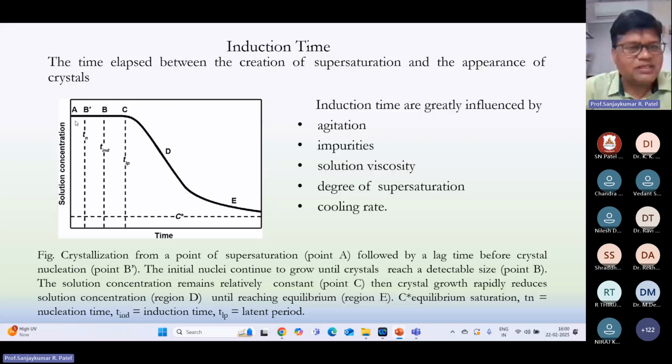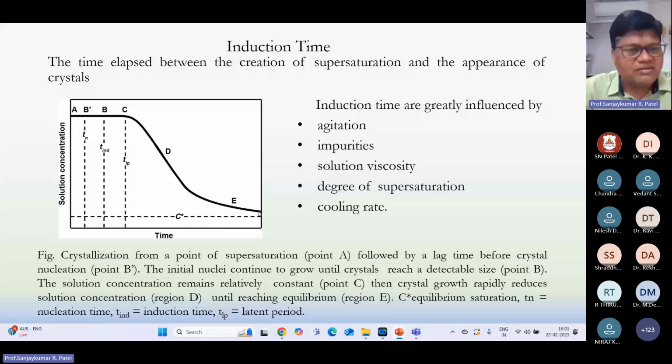And as soon as the size becomes detectable, then some lag time is required for the growth of the crystal. That means at the point C, the mass transfer from the bulk solution will occur on the nuclei and the crystal growth will start. Therefore, the concentration available in this solution will keep decreasing, and the crystal growth will increase until we get some equilibrium concentration, or until it achieves the saturated concentration.